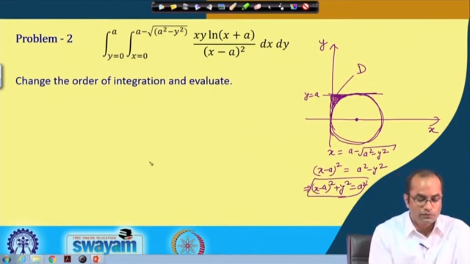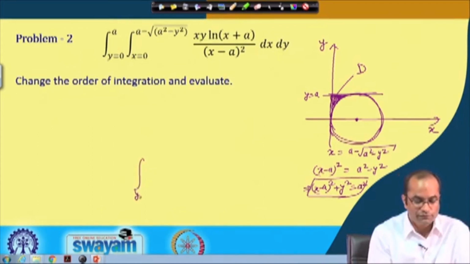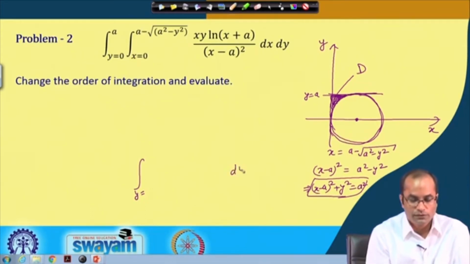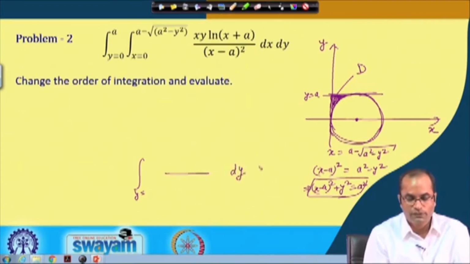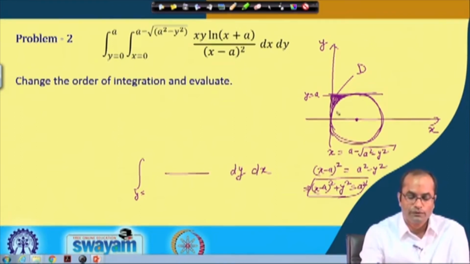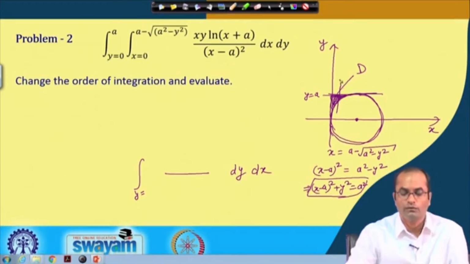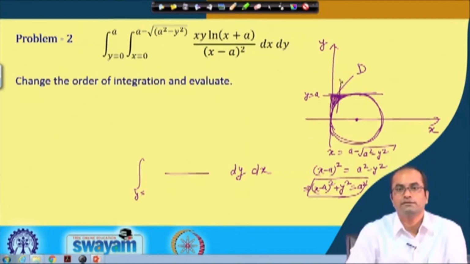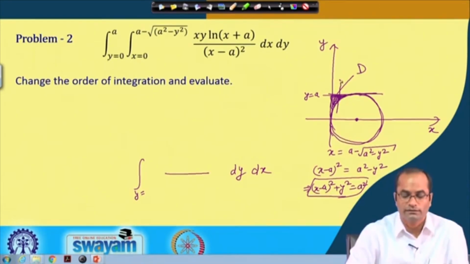So, if we change the order, first we have to fix the limits for dy. So, the integrand will remain as it is, and then later on with dx. So, changing for y, we have to now draw a line parallel to the y axis and see where it enters the domain and where it exits the domain.